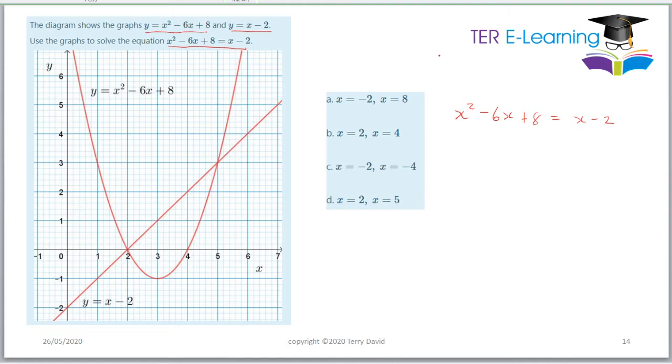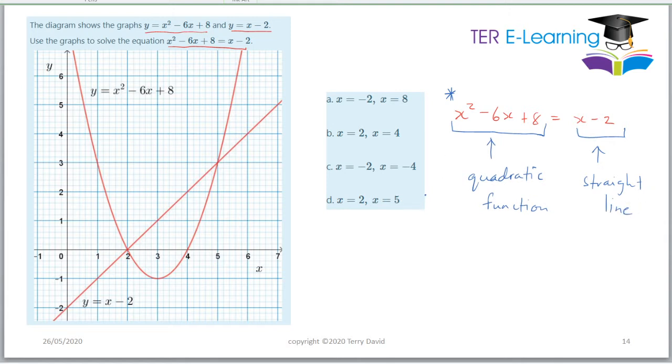So this is a graphical way or graphical method of solving this equation, right? This is the equation you're trying to solve here. Now look at what's happening here. This here on the left hand side, this is my quadratic, right? So this is my quadratic graph. So this is my quadratic function, right? And on the right hand side we have my straight line, right? So this is my straight line.